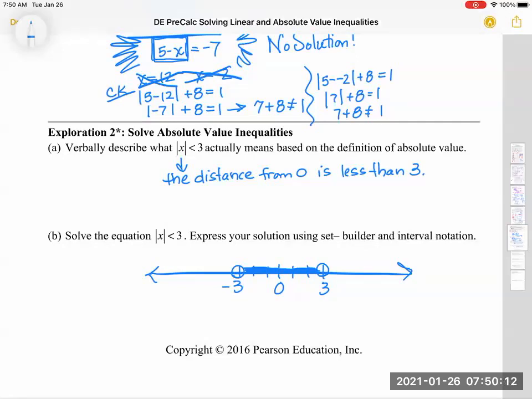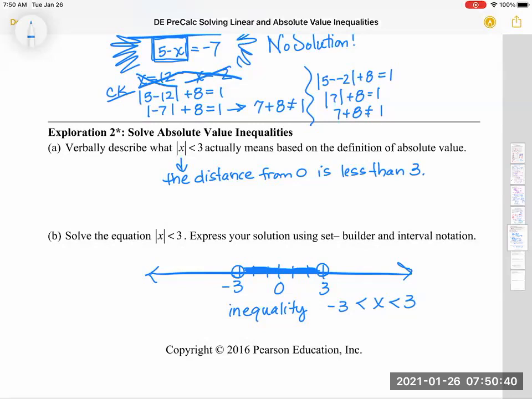So how do you express this as an inequality? Well, the inequality would be -3 is less than x is less than 3, like that. That's a compound inequality because you have two less than signs.